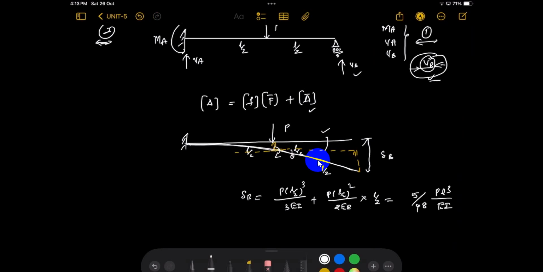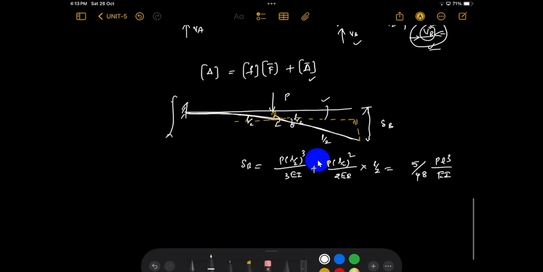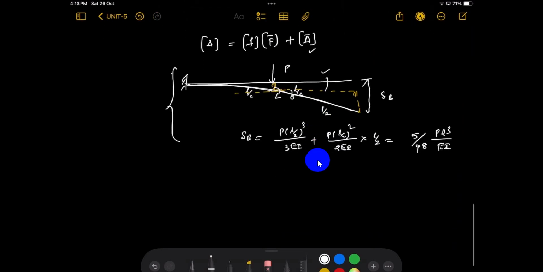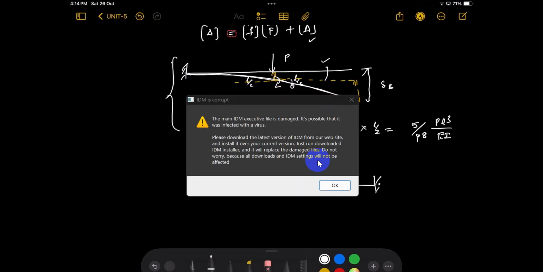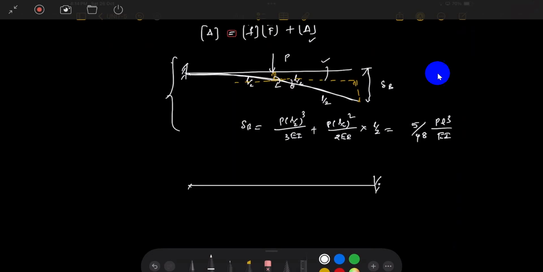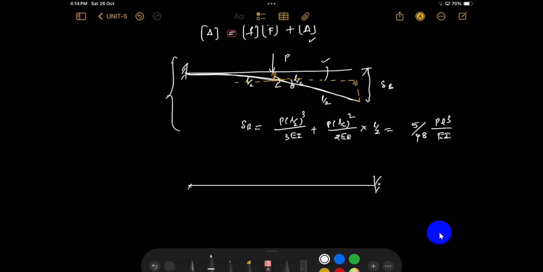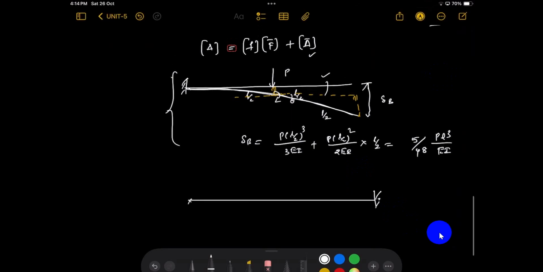PL cube by EI. Otherwise you can solve this by the conjugate beam method. In the conjugate beam, the fixed end becomes free and the free end becomes fixed. You can impose the bending moment diagram. What is the bending moment here?